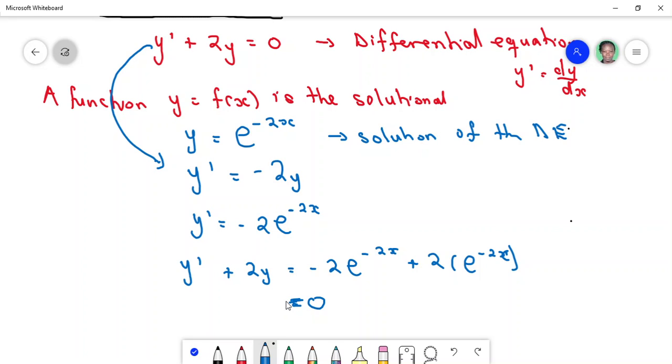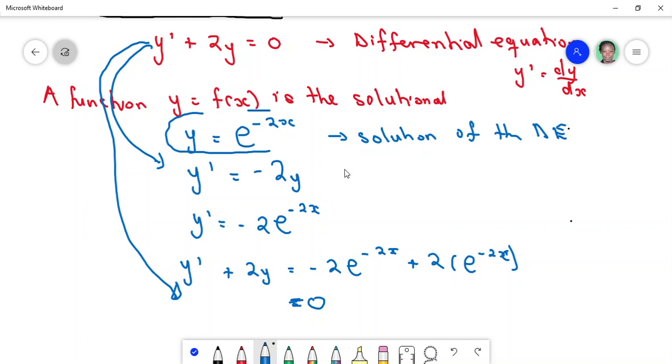Because this is equal to 0, we have been able to show that this function is a solution to the differential equation. In the same way, we can show that other functions are solutions.